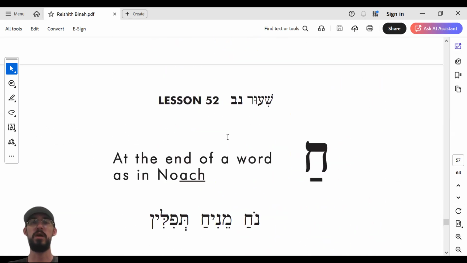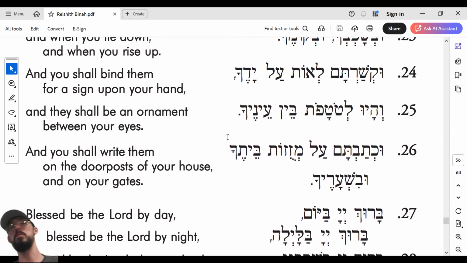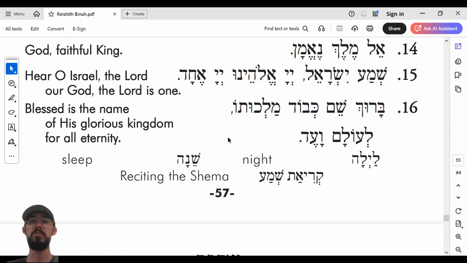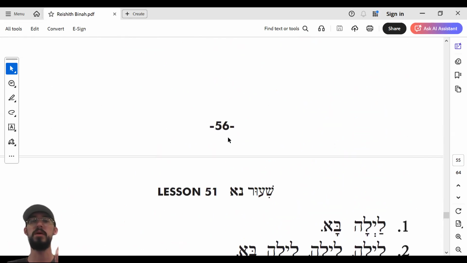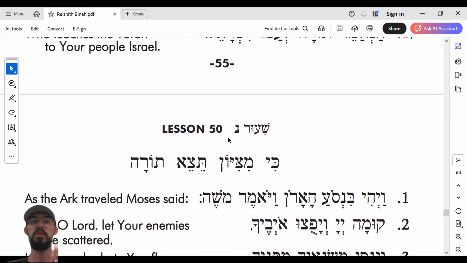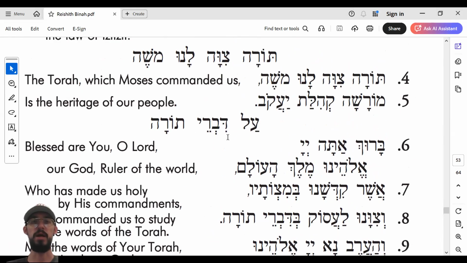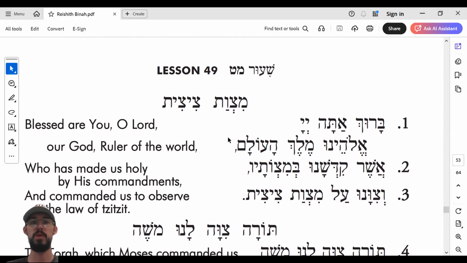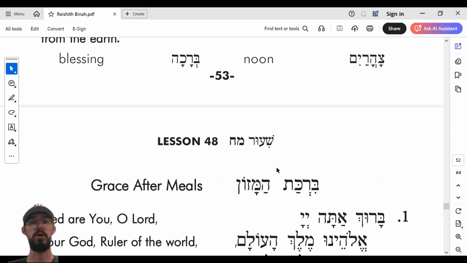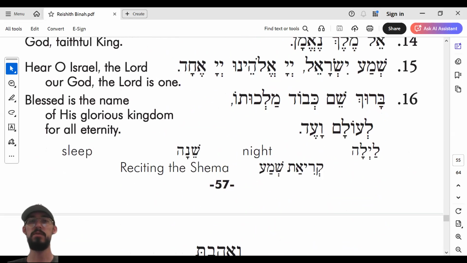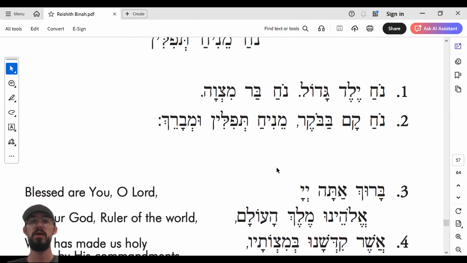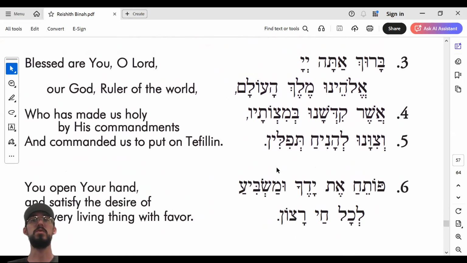So I think we touched on it, not last week, but the week beforehand, that sometimes you would see a plural, a combination of a tav with a yud and a vav. Like we saw it over here, I think maybe even a little bit prior to that. But anyway, what we have there is that the tav and the yud and the vav at the very end will not use the yud, so mitzvot tav.